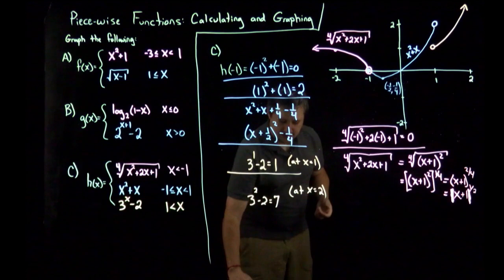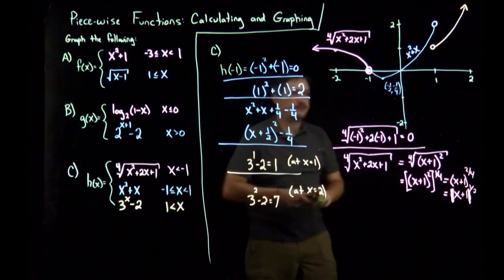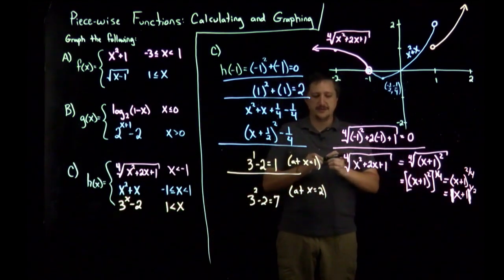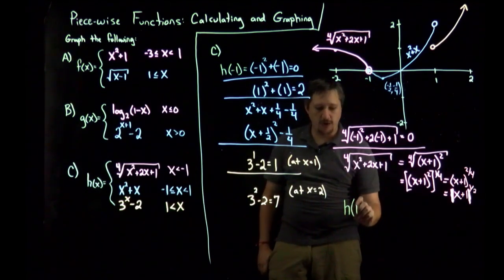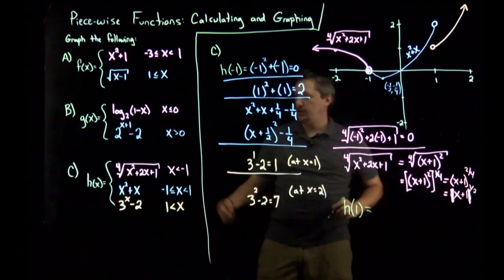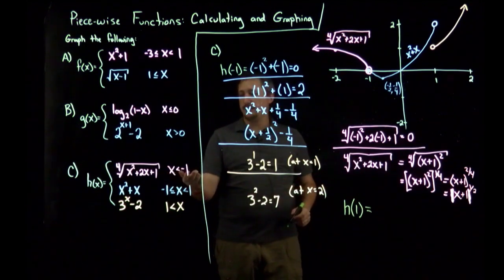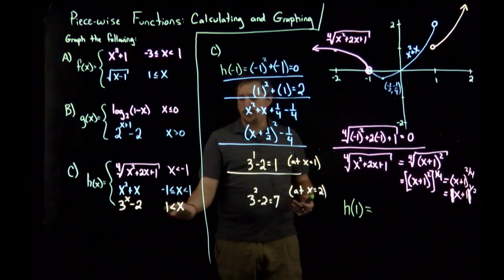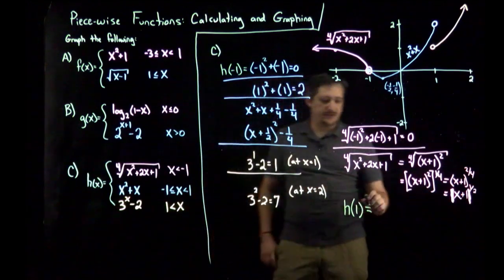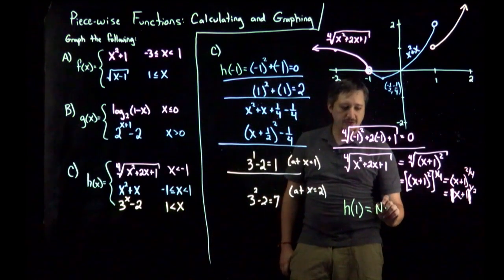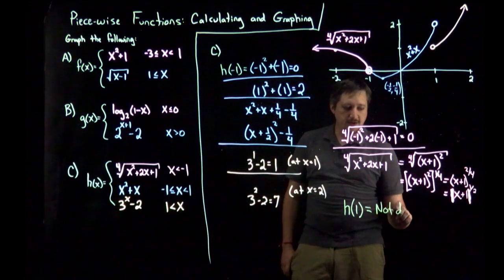And again, in case you're curious, or by way of sort of showing what this means, if I asked you to calculate, say, h of 1, you do the same thing. You say, okay, is 1 less than -1? No. Is 1 greater than or equal to -1, but strictly less than 1? No. Is 1 strictly greater than 1? No. I have no other things to check. So this thing is not defined.